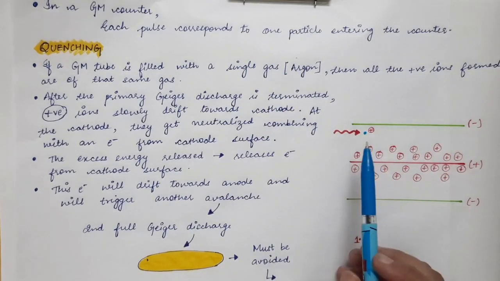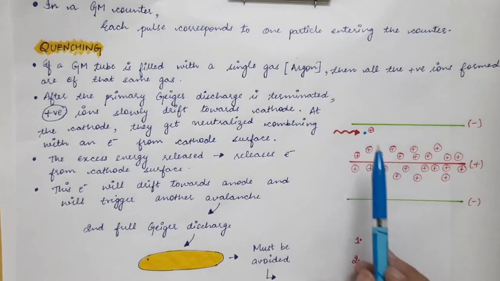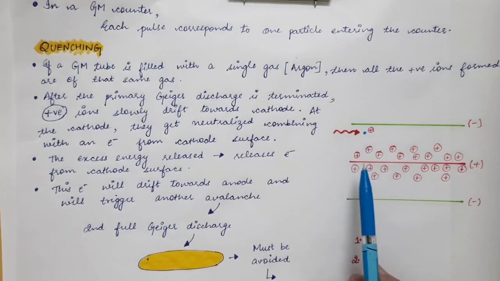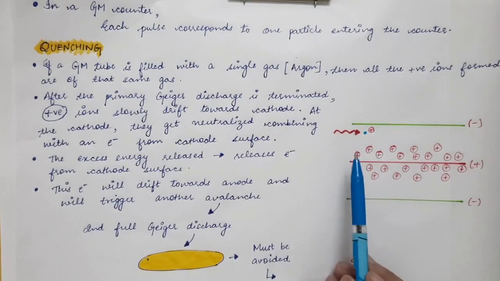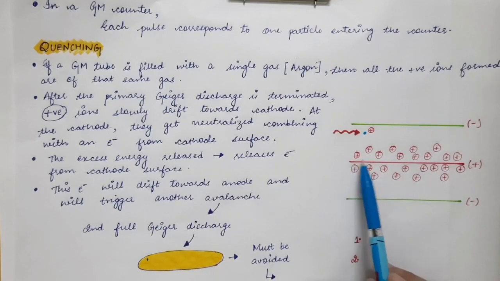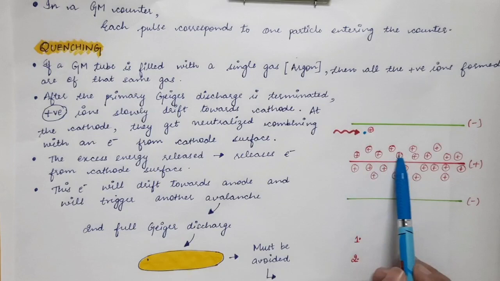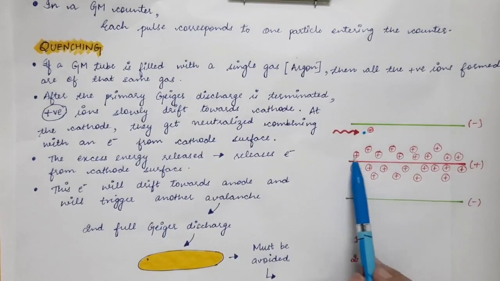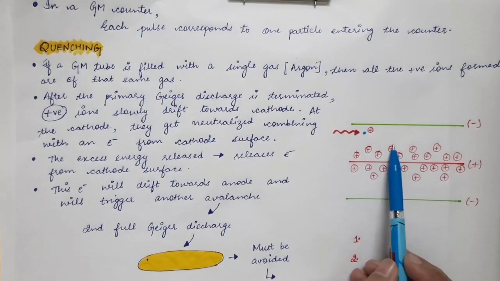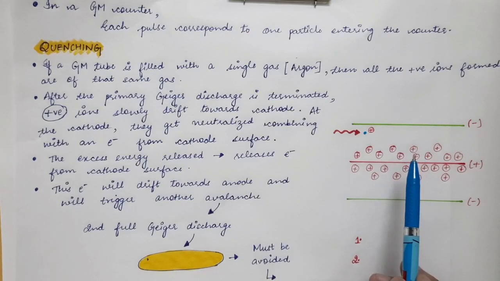As we know, when an ionizing particle enters the GM tube, primary ionizations are caused, and due to these, Geiger discharge occurs and positive ions are formed across the anode wire. We have already discussed in the previous lecture that we get a positive charge cloud around the anode wire. These positive ions drift towards the cathode at a lesser speed compared to the electrons.